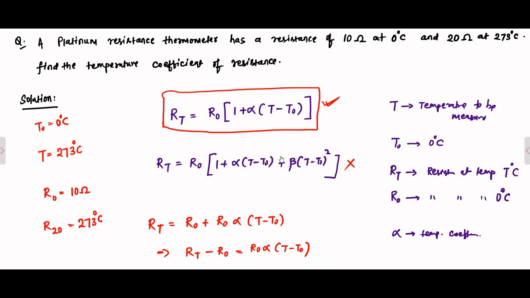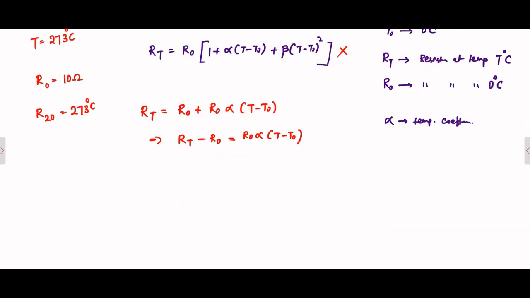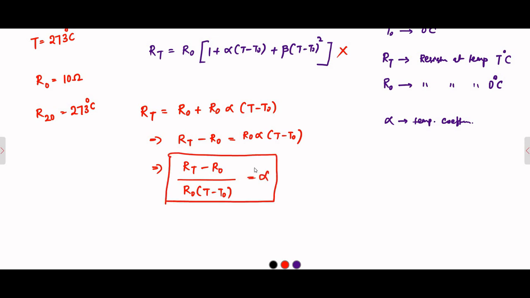We are simply simplifying the equation. That implies RT minus R0 divided by R0 into T minus T0 is equal to alpha. This is the equation to determine alpha.